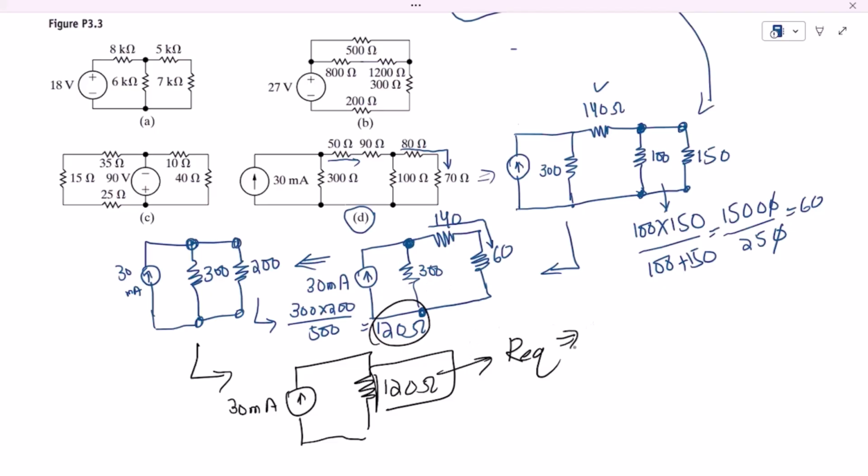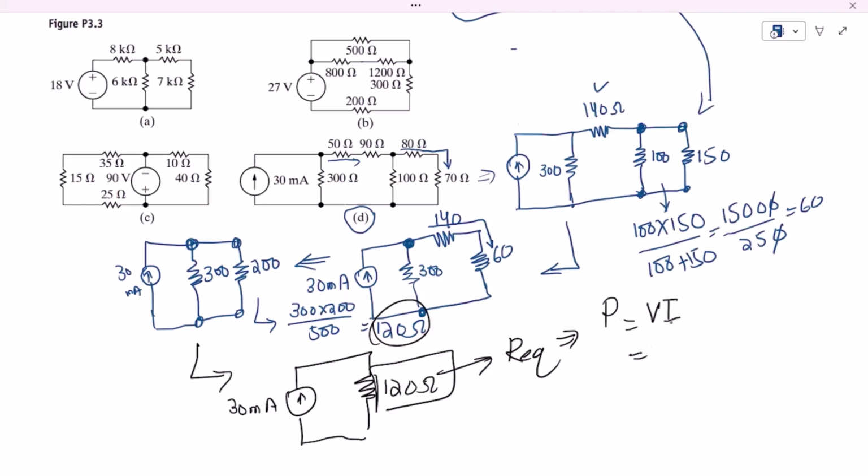In order to find part B, the power consumed by the resistor or the power supplied by this source, because only a current source is connected with this resistor, the power will be VI.